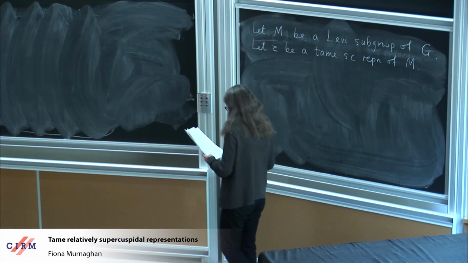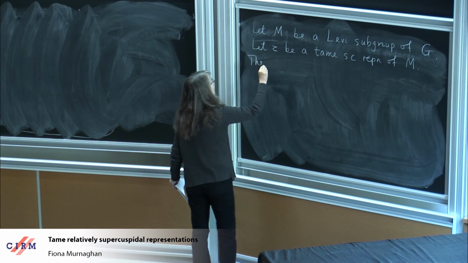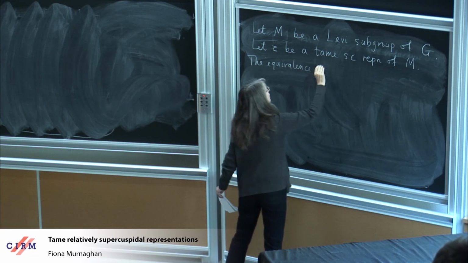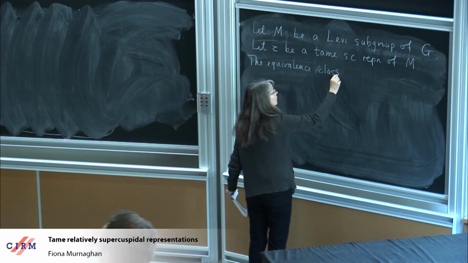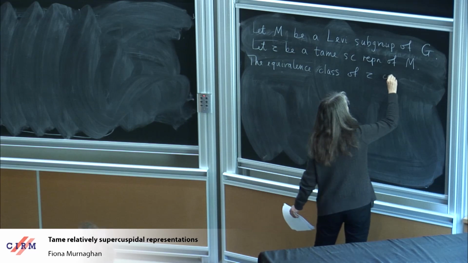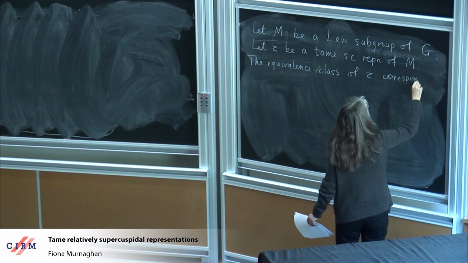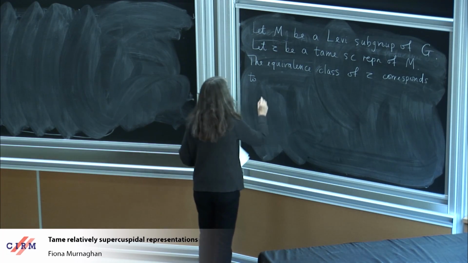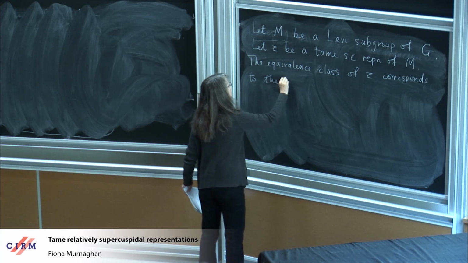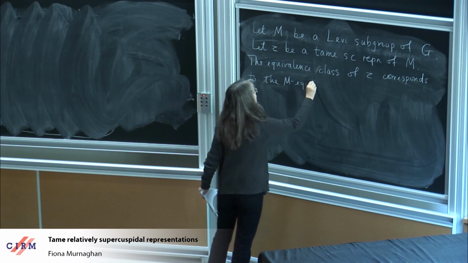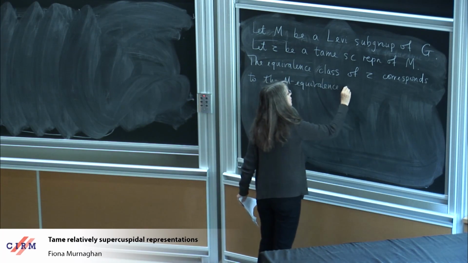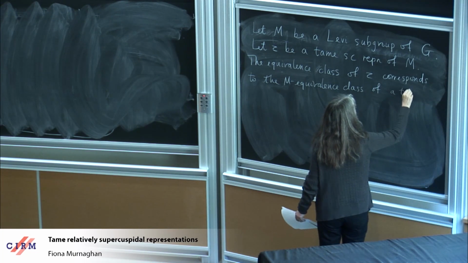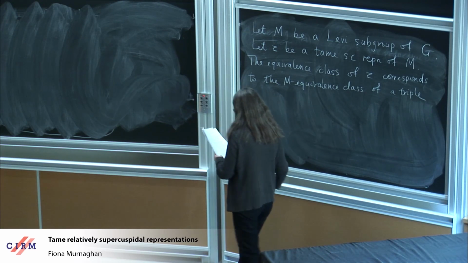So the equivalence class of the representation corresponds to an M-equivalence class of a triple of the following form.